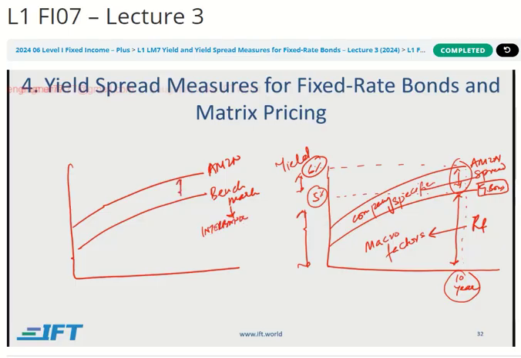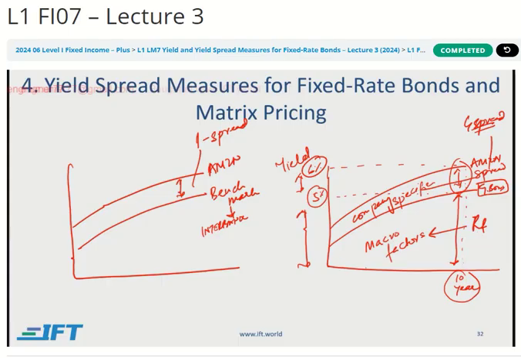And in the case of the government benchmark, the spread is called the G-spread. But when you make it with the interbank rate as the benchmark, it's called the I-spread.